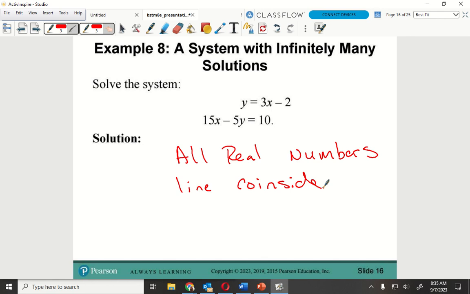They are the same line. And if it asks you the equation of the line, all you have to do is enter one of them. Because I believe it's going to be the set of x comma y such that y equals 3x minus 2.